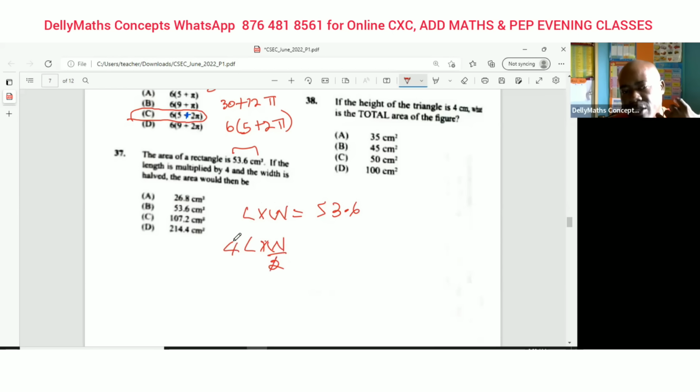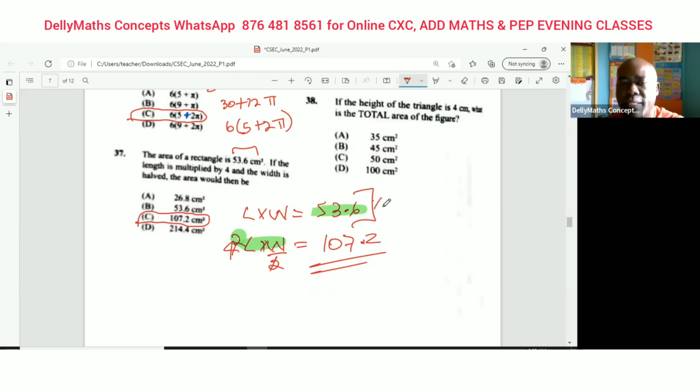If you cancel this, when everything is canceled, this becomes 2 times this, which means we need to multiply that by 2 to get the new value. So this is 107.2, because when we multiply the length by 4 and halve the width, we're actually doubling. So this doubles in the end.